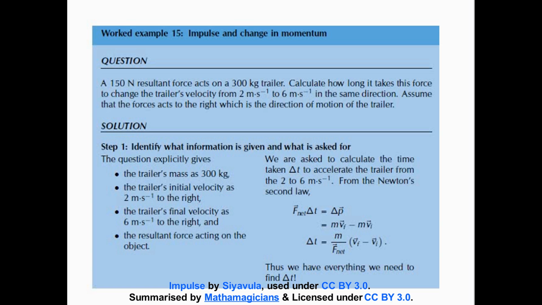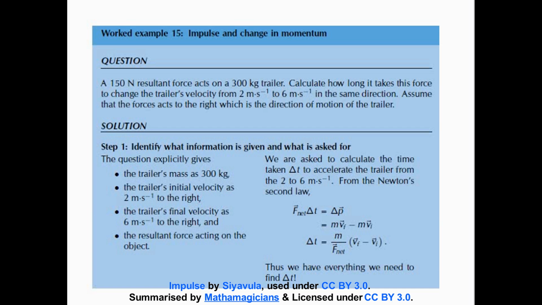Step 1, of course, with every question, is to identify what is given and what is asked. We are given the trailer's mass of 300 kilograms, the trailer's initial velocity, which is 2 meters per second to the right, the trailer's final velocity, which is 6 meters per second to the right, and the resultant force acting on the object, which is 150 newtons.